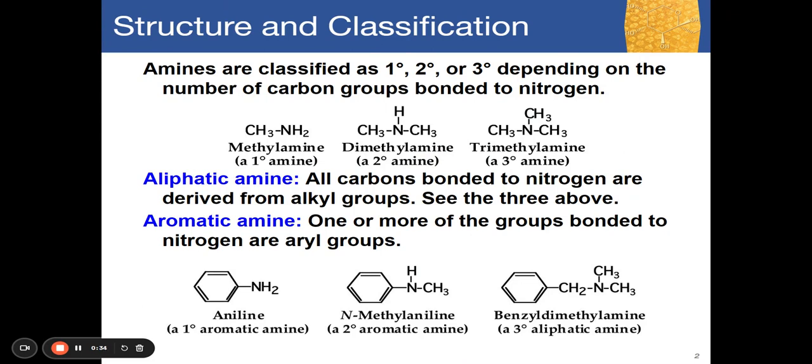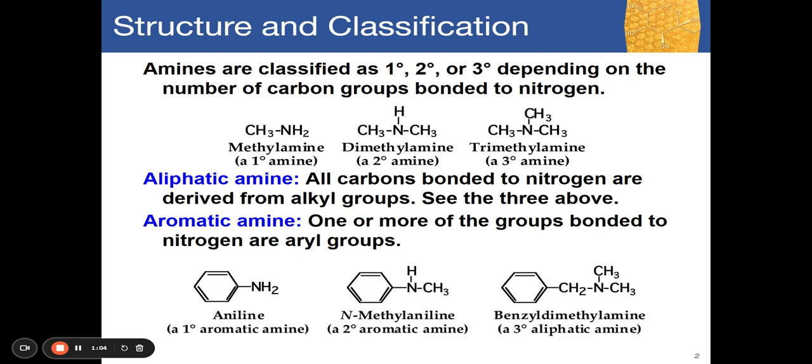And nitrogen, when bonding with organic groups, also has one pair of unshared electrons at the top of it. So it can bond up to three bonds to carbon or hydrogen or any available organic compounds near it.